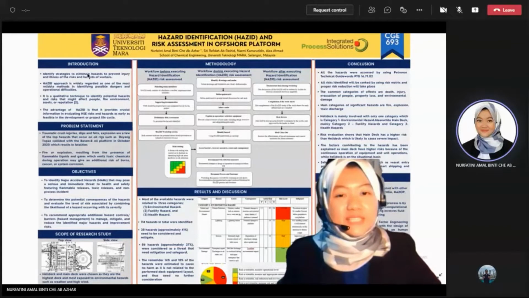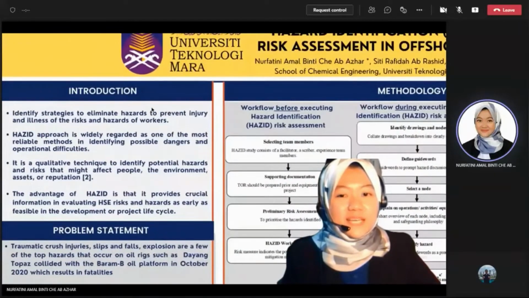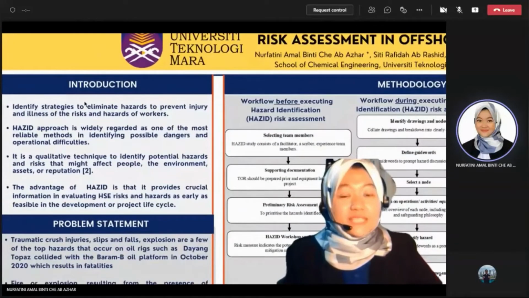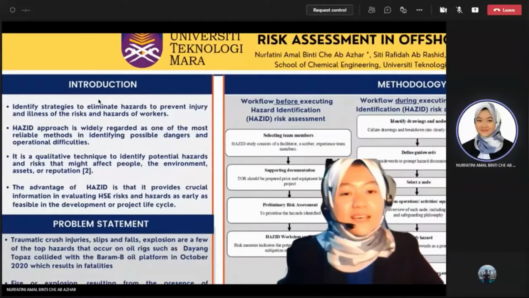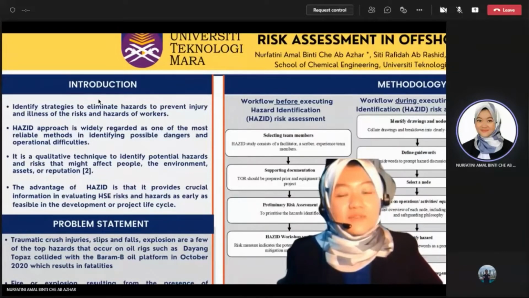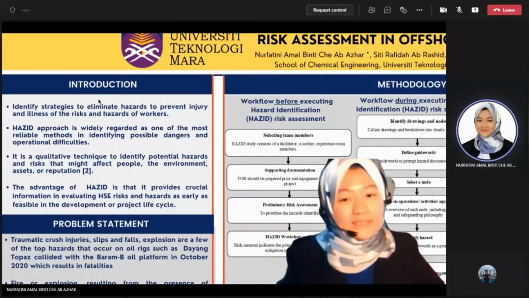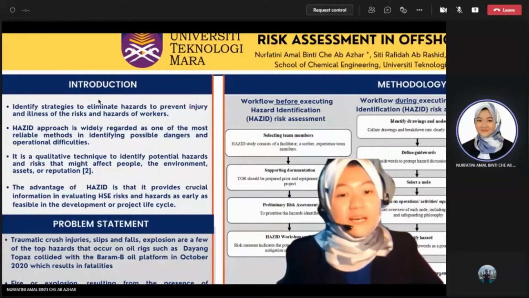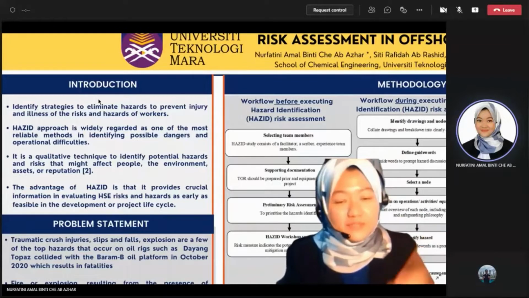For my introduction, this project aims to identify strategies to eliminate hazards and to prevent injuries and illness from the risks and hazards to the workers. The hazard approach is widely regarded as one of the most reliable methods in identifying problems, such as possible dangers and operational difficulties.